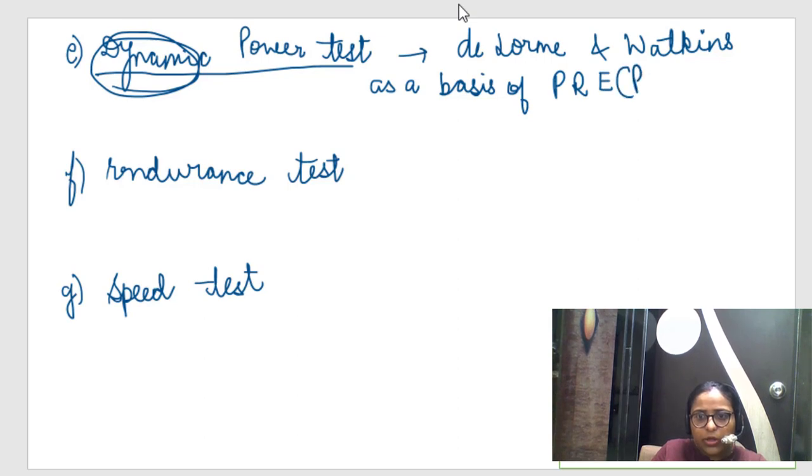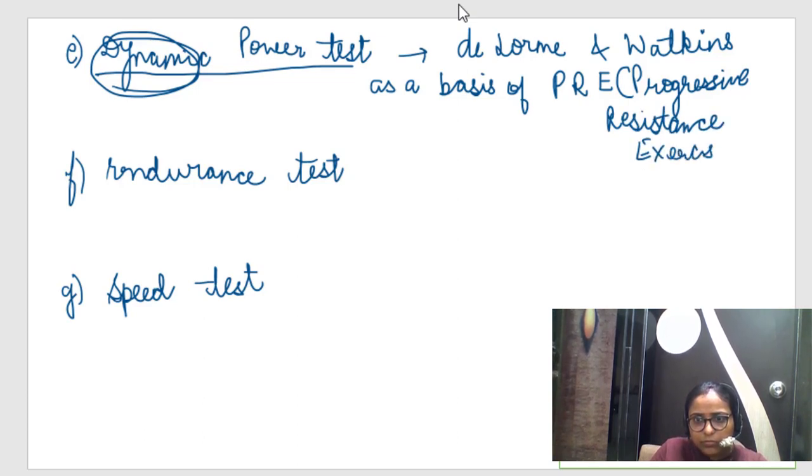This is your progressive resistive exercises. Means Delorme and Watkins state something, I'll tell you what, that forms the basis of your PRE.